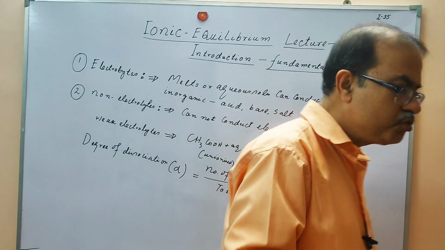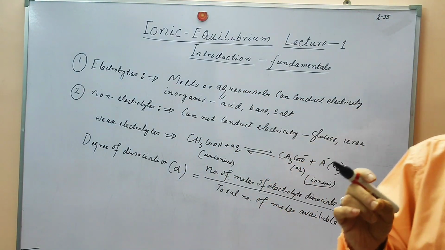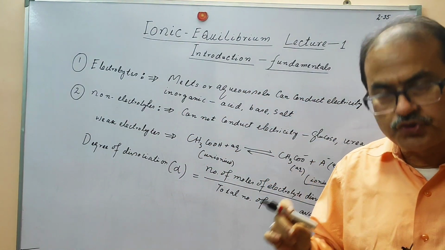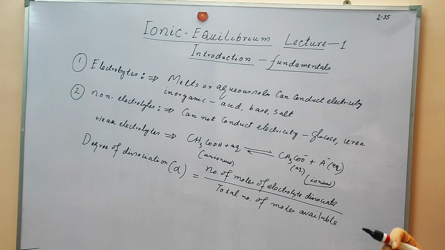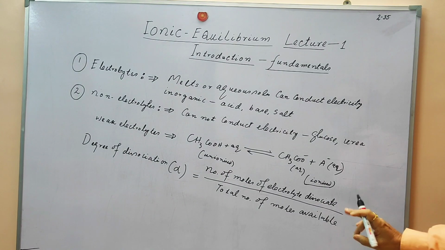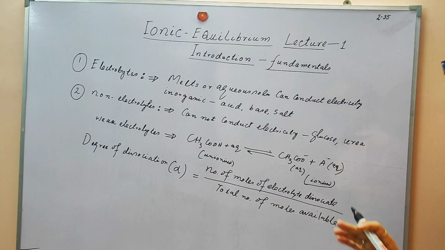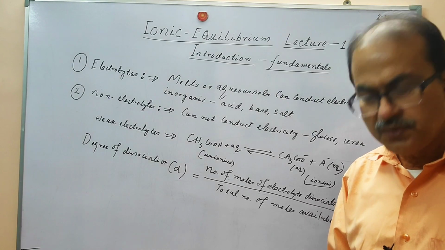Total number of moles of electrolyte that has dissociated in the aqueous solution, and the total number of moles available in it. This is called the degree of dissociation. Okay.